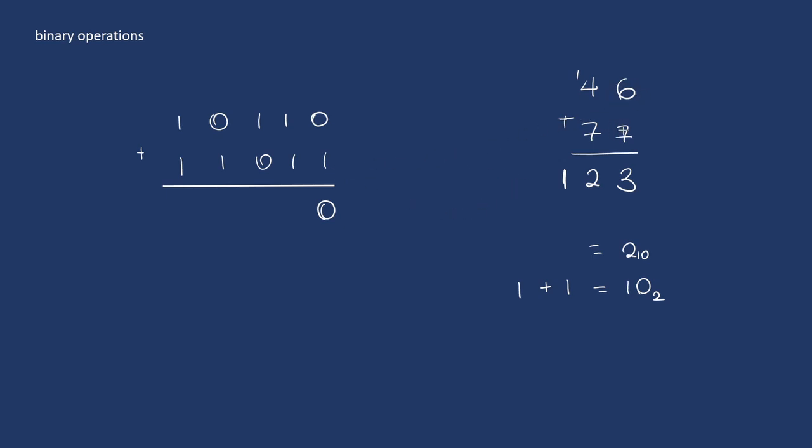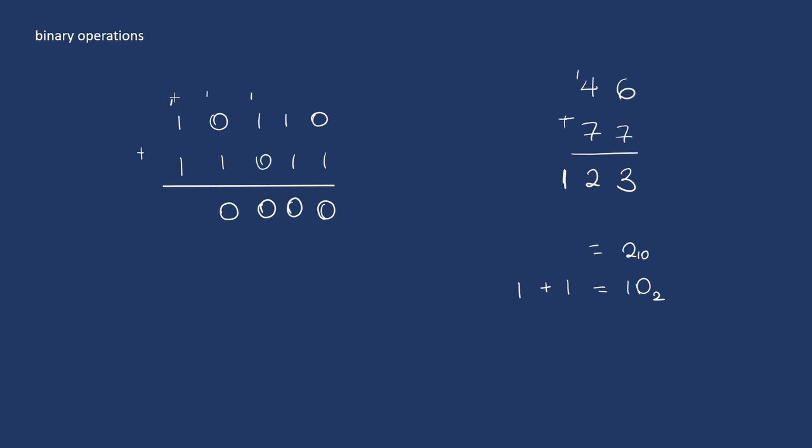So the same way we added 7 and 6 and got 13 and carried 1, we're going to keep 0 down and carry our 1 high up. Now we have 1 plus 1 plus 0, so it's the same thing: 0, carry 1. Then 1 plus 1 plus 0 plus 1 is still 1 plus 1, so that's 0, carry 1.